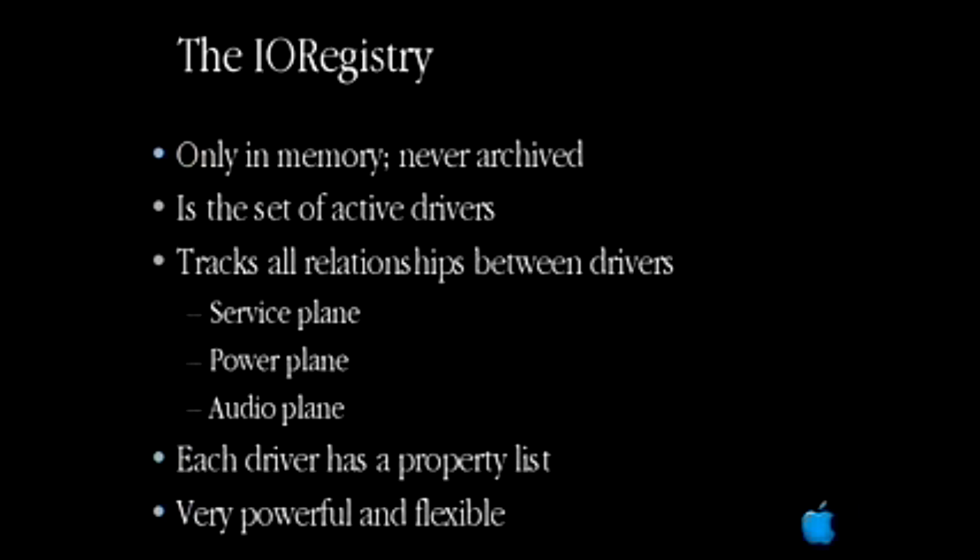The service plane really tracks what I just said, PCI device on a PCI bus and so on. The power plane is sort of the glue for power management. It's very important before you power down a device to identify who's going to be affected, and by who I mean what drivers are going to be affected if I power this thing down. Also, we need to track who's getting power from who, because you can also turn somebody else's power off.